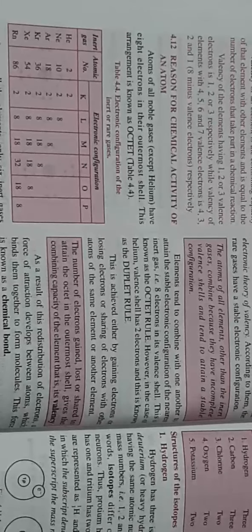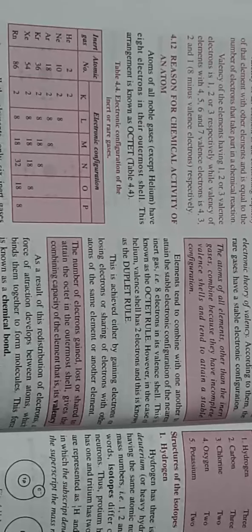If you talk about alkali metals in group 1, alkaline earth metals in group 2 or group 13, they have 1, 2 or 3 electrons respectively in their outermost shell. So they want to acquire the nearest noble gas configuration. If you take sodium, sodium has 2, 8, 1.